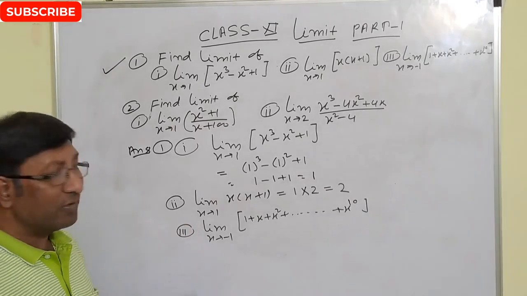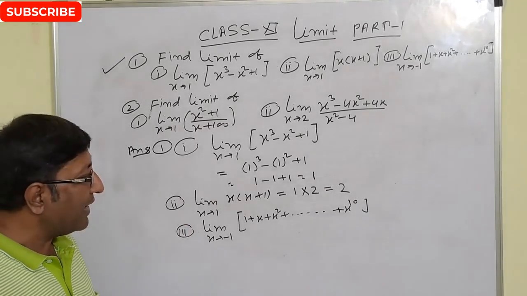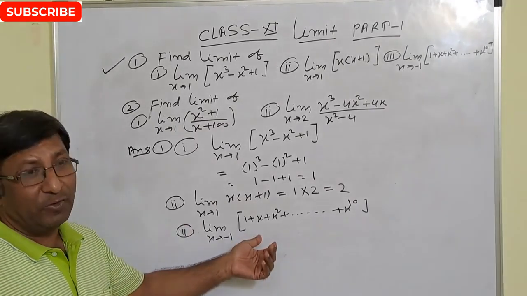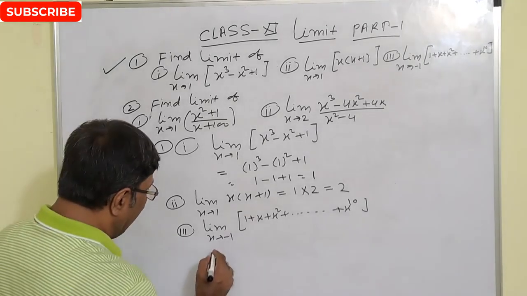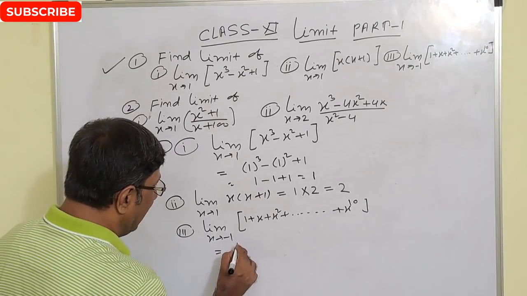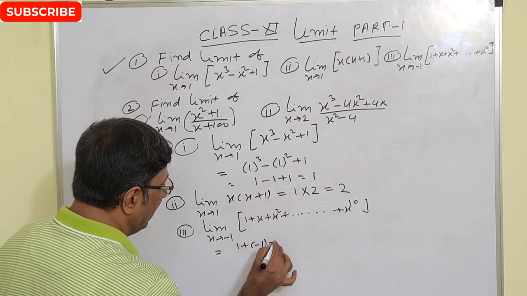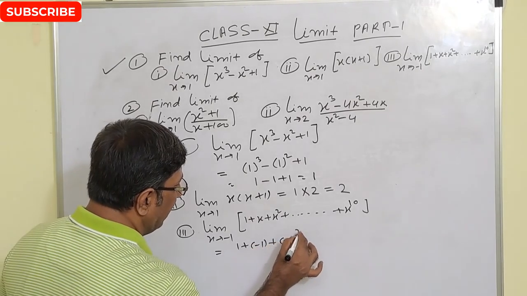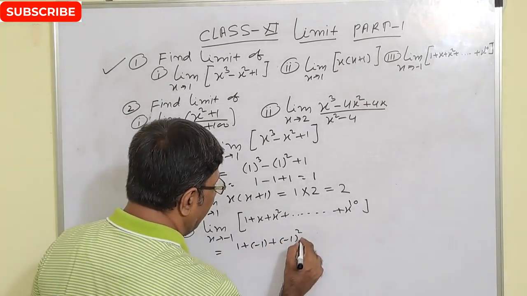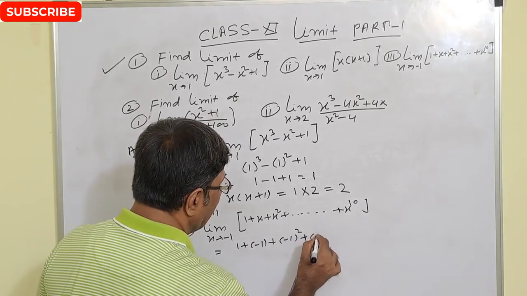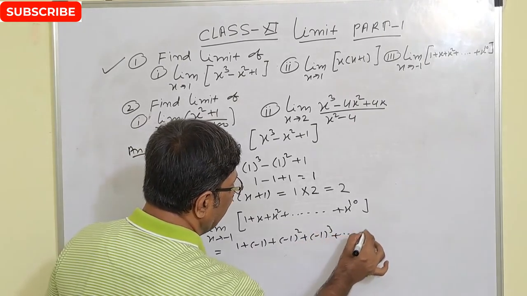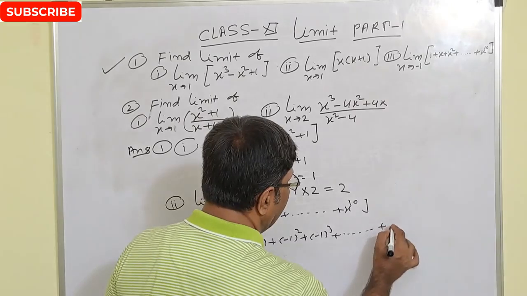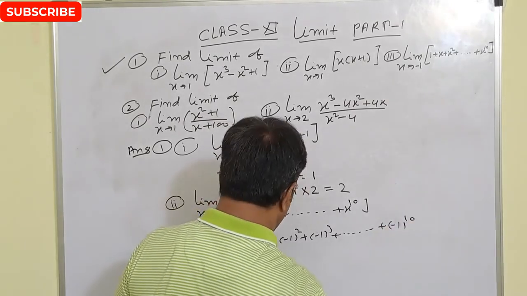So just put the value x equal to minus 1 in the given polynomial. So what is the right answer? 1 plus minus 1 plus minus 1 square. In the same way, here is minus 1 cube. This series goes up to the last term, that is minus 1 to the power 10.